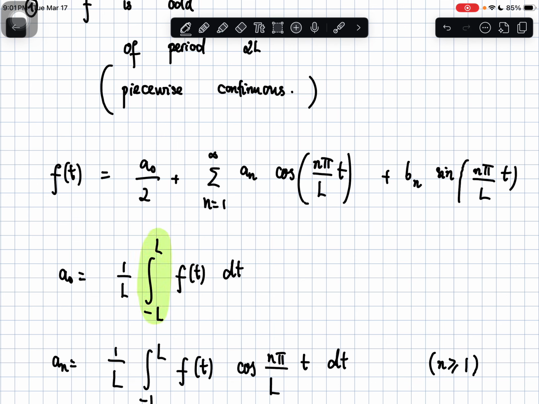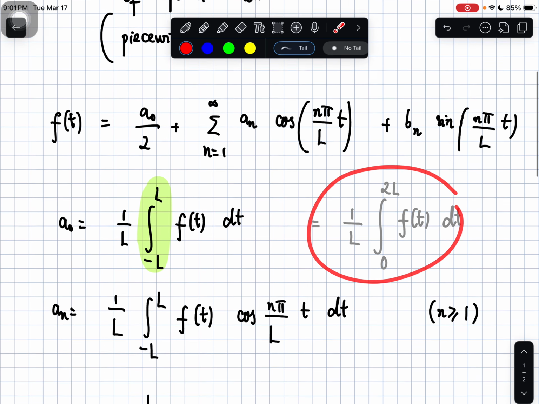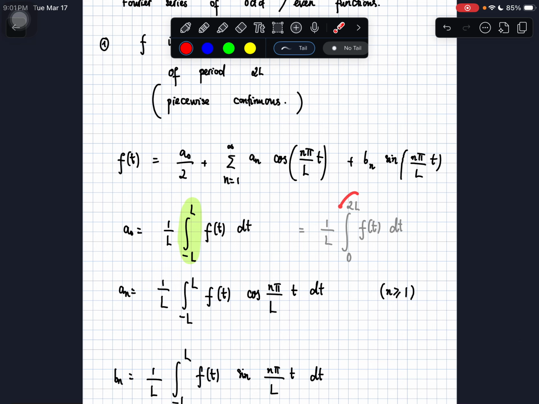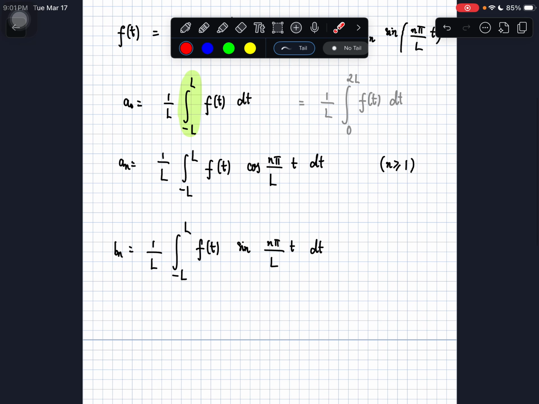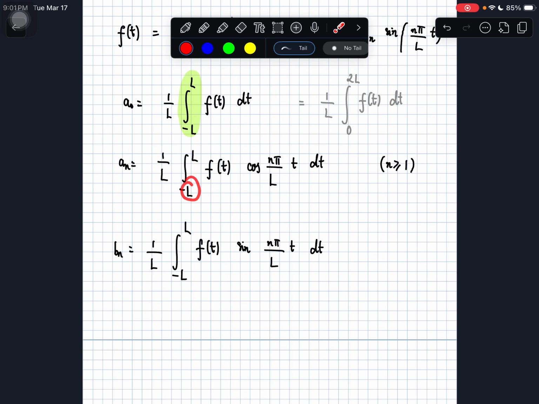Say here I compute the integral from minus L to L. For example, you can compute 1 over L integral from 0 to 2L of f(t) dt. This one will give the same result as this one. We can choose any interval of length 2L to compute the integral. Similar for this one and this one.